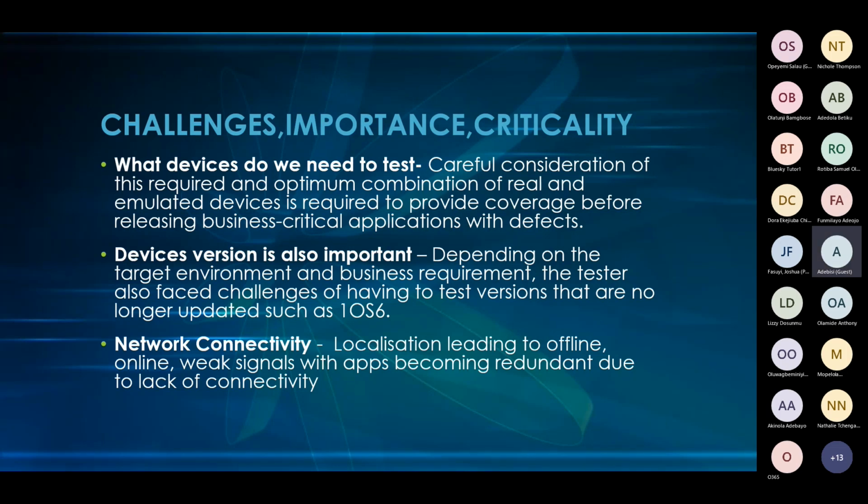Some areas constantly do not have network, which might cause your mobile devices and your app not to work. So that is part of what you need to know. Connectivity is very, very important. For example, in my country, some areas don't have network.